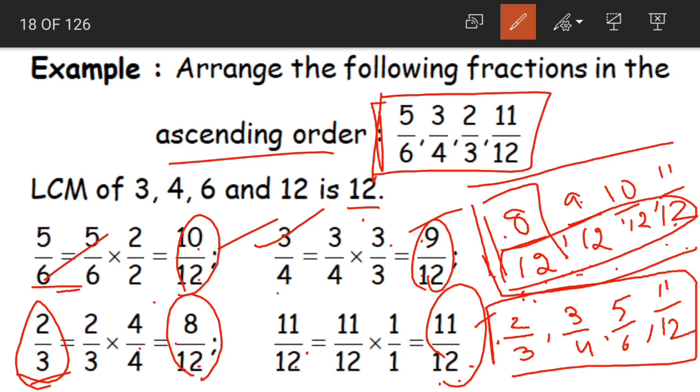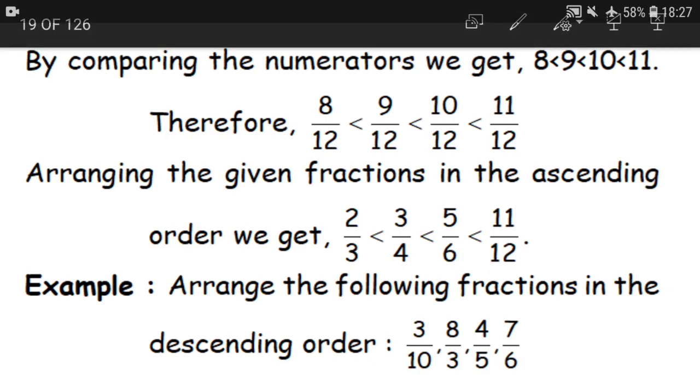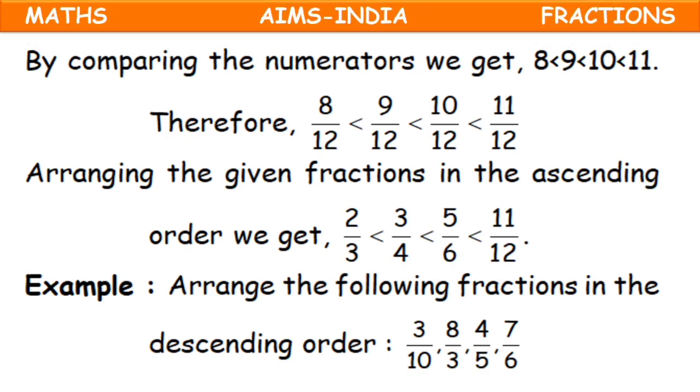Write the original fractions, children. Yes, what was asked, given in the question. See, arranging the fractions in ascending order, we get 2 by 3 is less than 3 by 4 is less than 5 by 6, which is again less than 11 by 12. This is our ascending order.